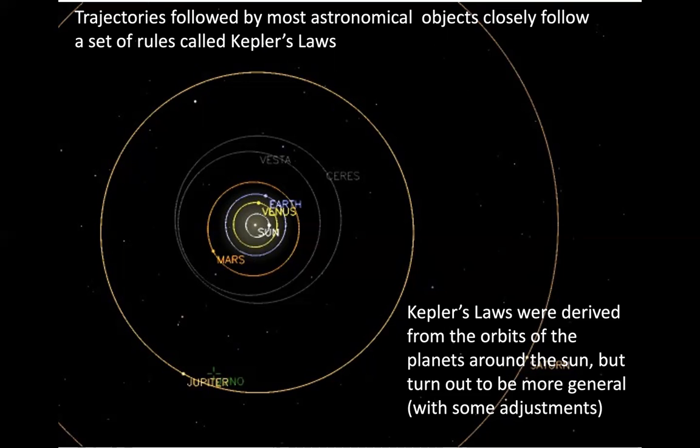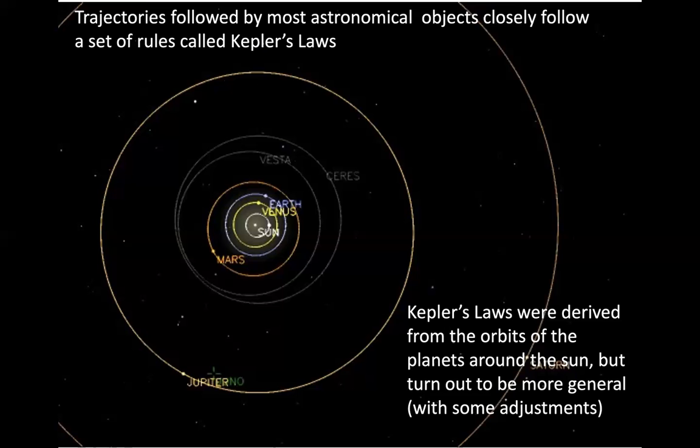These are a set of rules that objects follow based on how they move around a particular strong mass that is the dominant source of gravity. It was originally developed to explain the motion of planets in our solar system by Kepler.